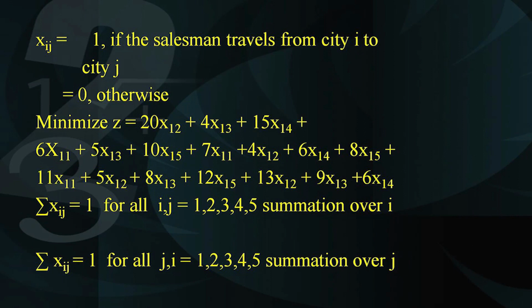What does this mean? This means that corresponding to this table, we want all the xij's in the horizontal and in the vertical rows to sum up to 1, and that is the reason why we need to impose these constraints.